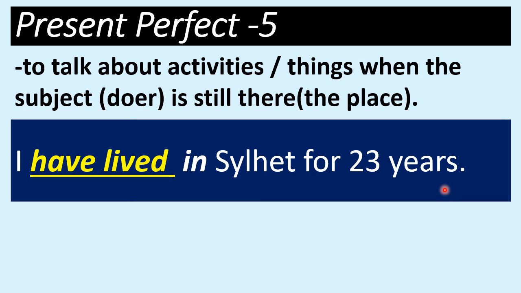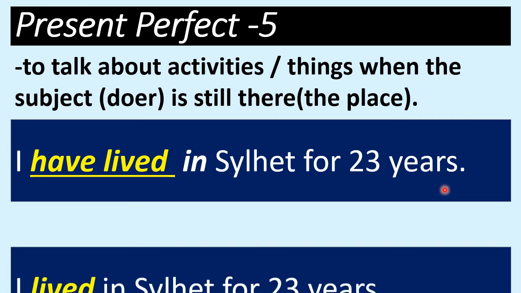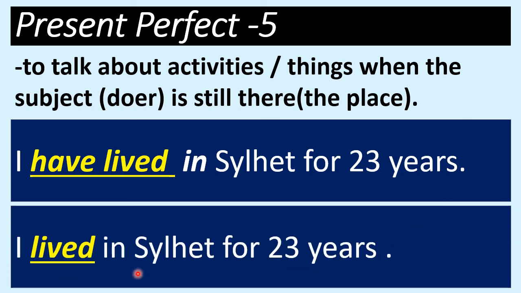I'm doing my job in Sylhet. I'm here. Look at another example. I lived in Sylhet for 23 years. It means that I've left Sylhet now and I am living in another town now. Maybe it's Mymensingh or maybe I'm in Dhaka. So I have used past simple for this situation.